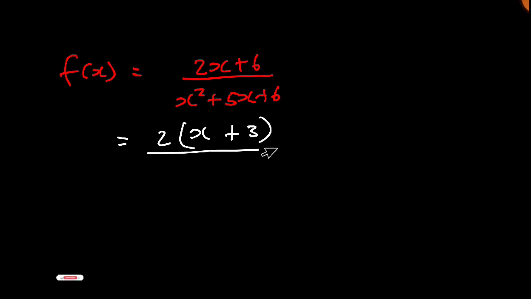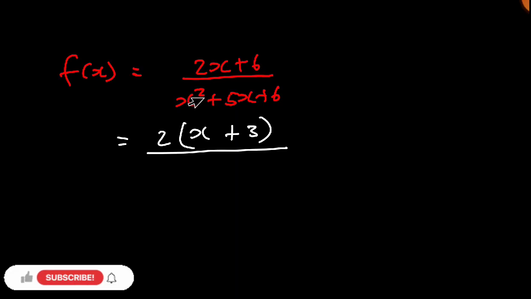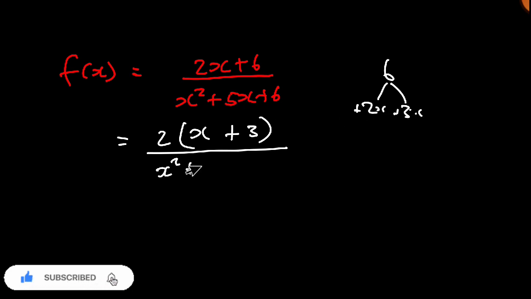Now this is going to be divided by the trinomial, which we can factor: two numbers that multiply to get 6 but add to get 5. Those two numbers are 2 and 3. 2 times 3 is 6, and 2 plus 3 is 5. So we're going to have x squared plus, let's replace the 5x with plus 2x and plus 3x, so we have 2x here plus 3x plus 6.